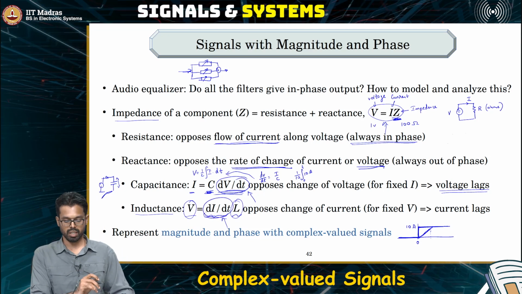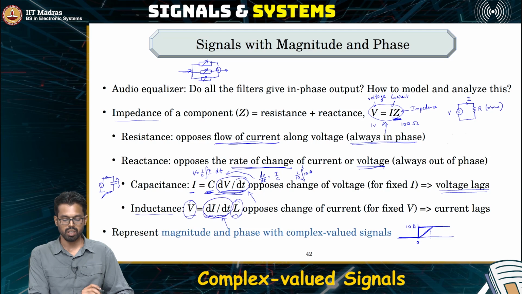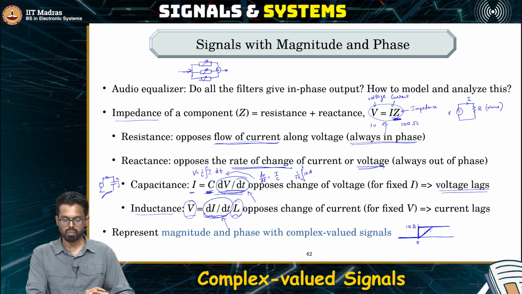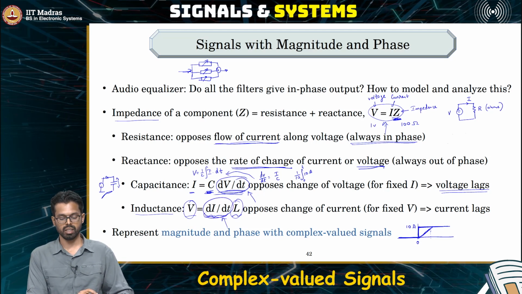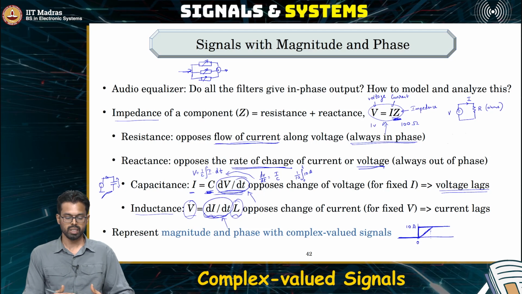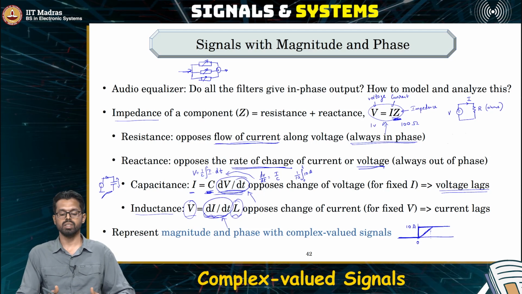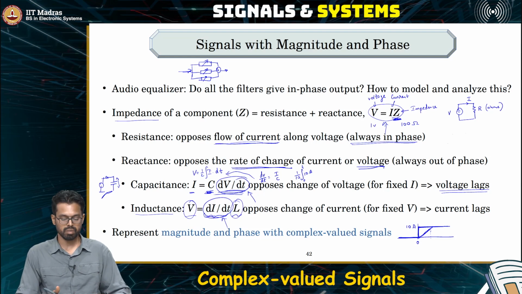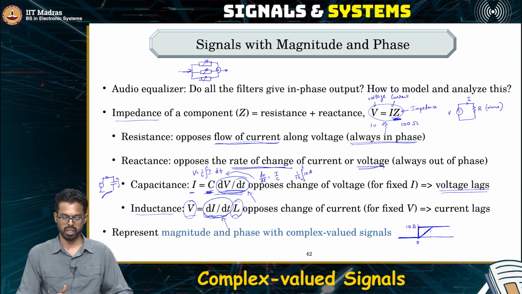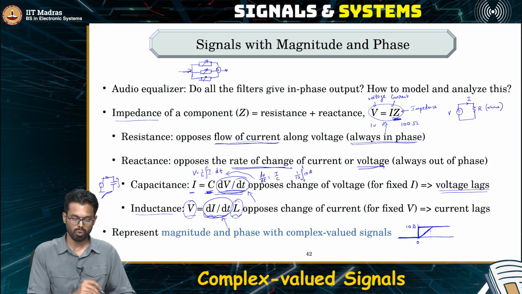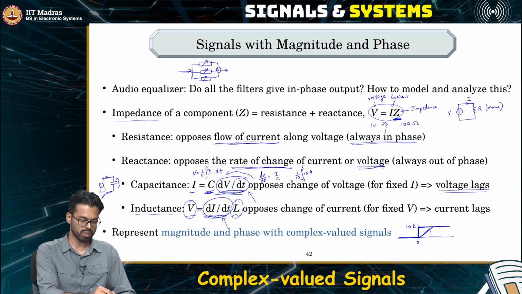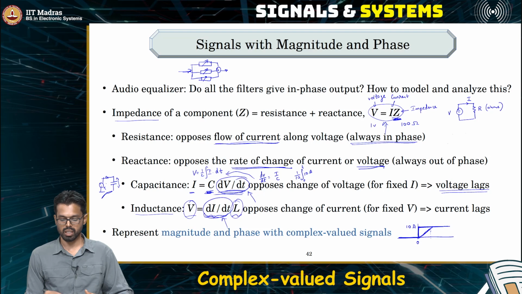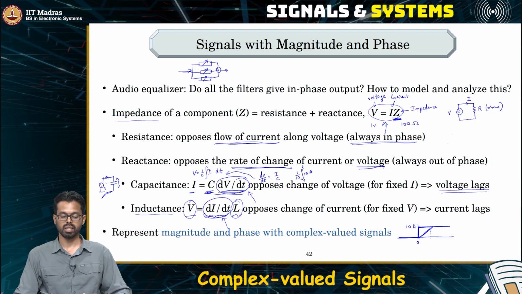In other words, if there is an inductor, the change in voltage will not immediately reflect the rate of change of current. Basically, it opposes the rate of change of current. It does not oppose the current itself, but the rate of change of current itself is what is being opposed. So if there was a voltage source here and you flip the switch, it immediately will not result in an increase in current.